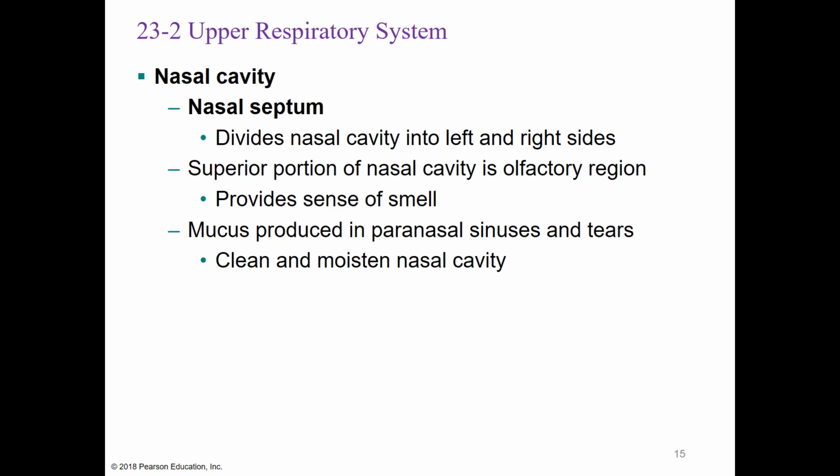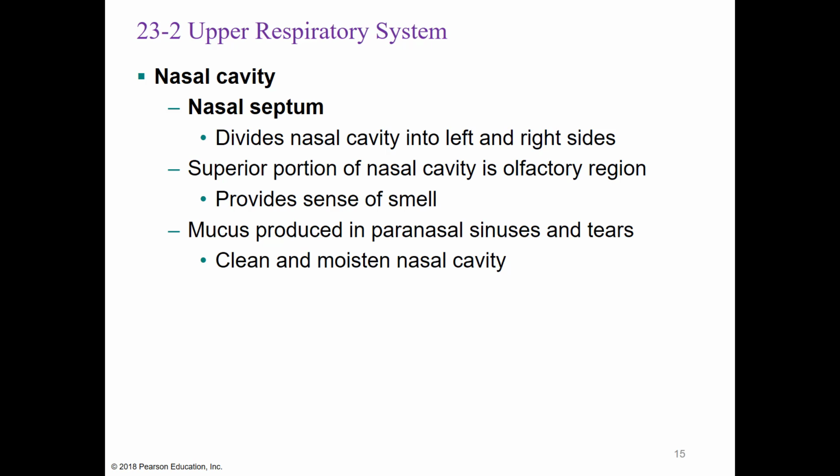The septum is the division in between those sides. And the top part of your nasal cavity, the superior part, is where your olfactory region is. So when air comes in, it's going to move against that superior portion of the nasal cavity and give us a sense of smell. And mucus that's made in the sinuses and tears will help to clean and moisten our nasal cavity.